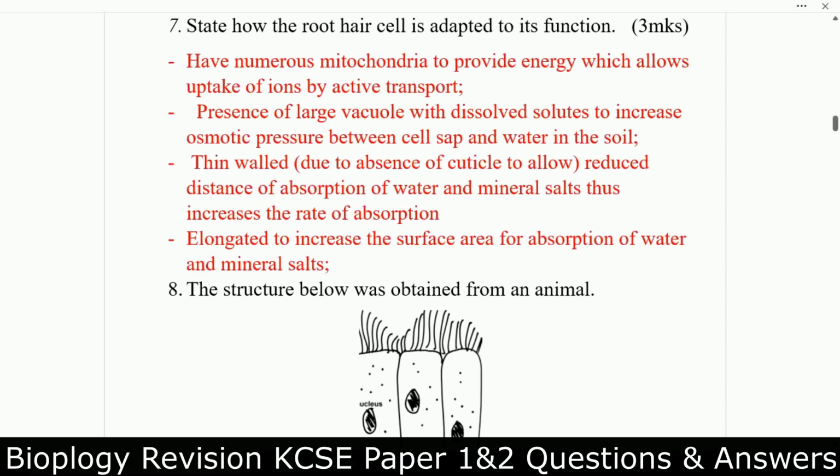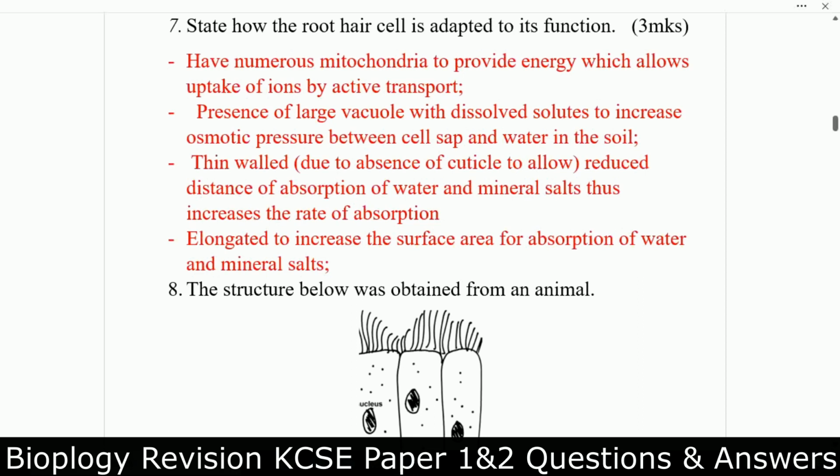So number 1, they have numerous mitochondria to provide energy, which allows uptake of ions by active transport. Number 2, presence of large vacuoles with dissolved solute to increase osmotic pressure between cell sap and water in the soil.